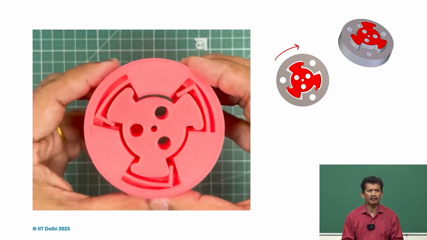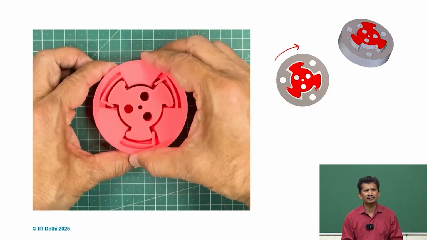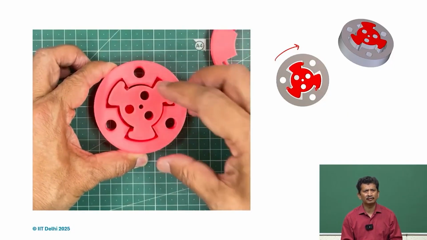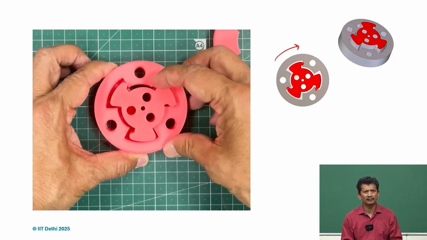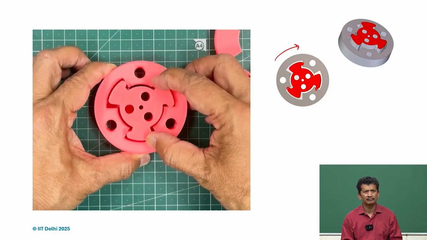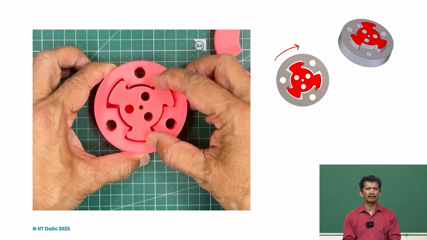So, very easy to make. If you have access to a 3D printer, you can use it and see it yourself. So, again, if you understand the principles behind it, one should be able to design such devices and use them for different applications.